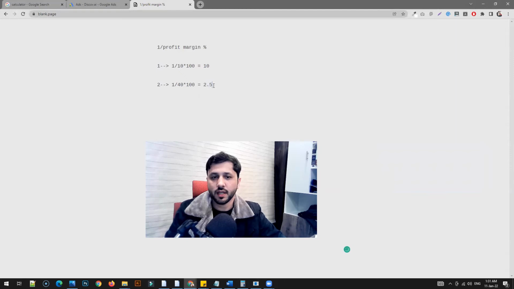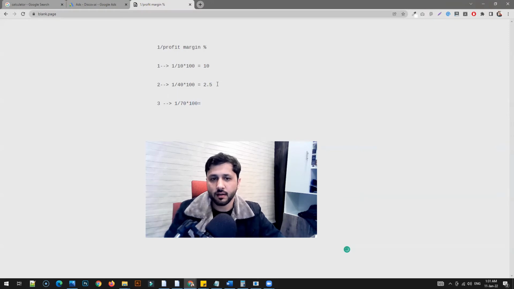So if they achieve 2.5x in target ROAS, they are meeting their break-even point, right? Let's say in the case of this third client, their profit margin is 70% on each sale. Let's say they are selling a pair of glasses. It's costing them, let's say, $50, but they're selling it for $120, $125, and they're making 70% profit on every sale.